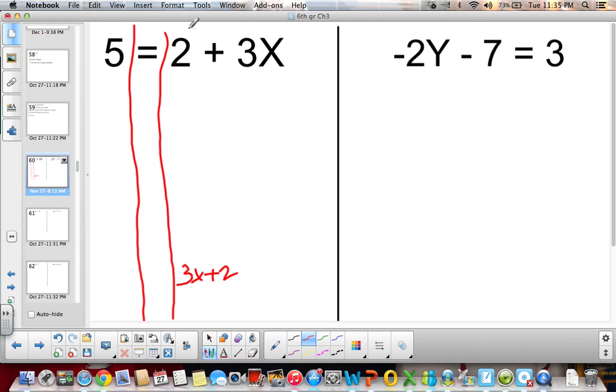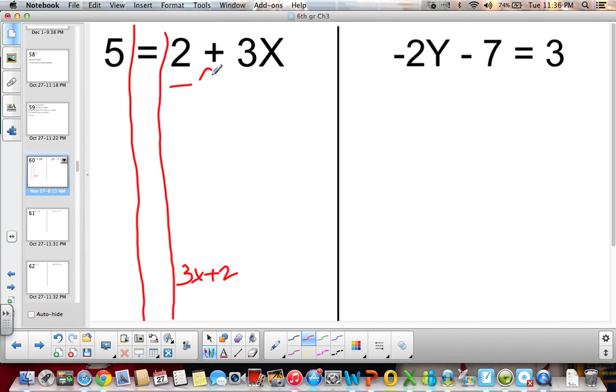So what I mean is we're looking at the numbers that are furthest away from the variable, or the least attached. This 2 is on the same side as 3x, but we're going to get rid of that first because we're adding 2 right here.